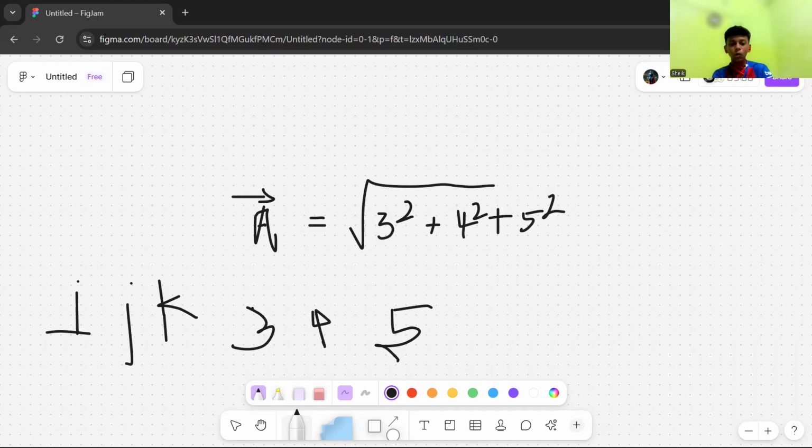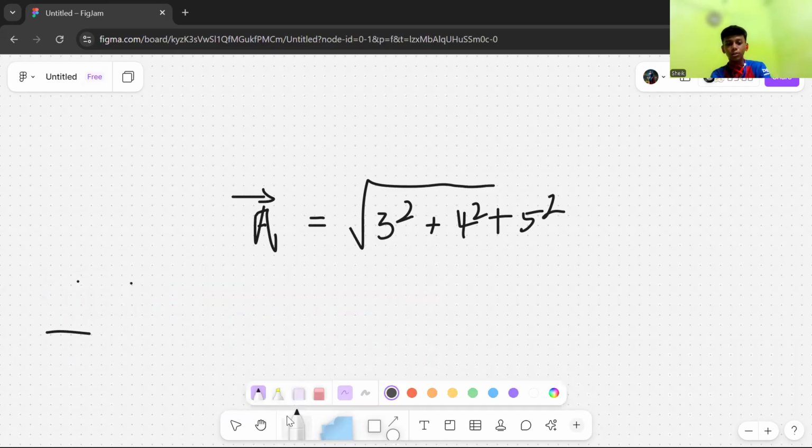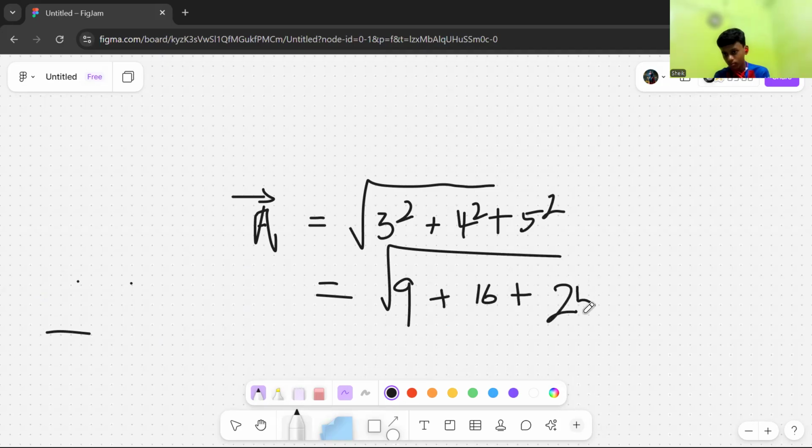Now what we have to do is square all the values. So 9 plus 16 plus 25. Now we get 9 plus 16 plus 25, which is equal to root of 50. Since 50 is a non-square number, we can't find the square root of 50.